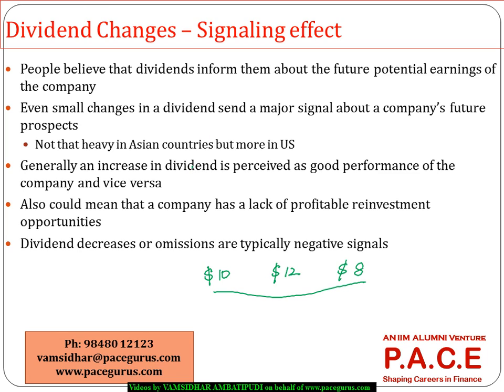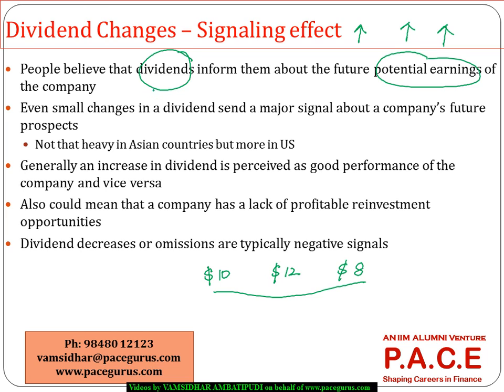In general, what we observe is that dividend is generally perceived as a measure of the future potential earning of the firm. So the higher the dividend, it indicates that the company has performed really well and it has the potential to perform well in the future. Even a small change, see again, the perception of the dividend is different in different countries.